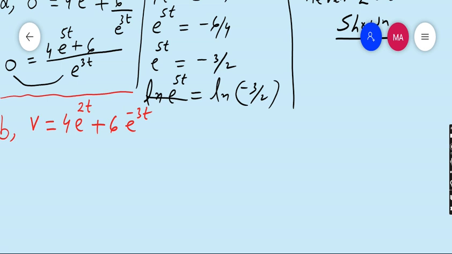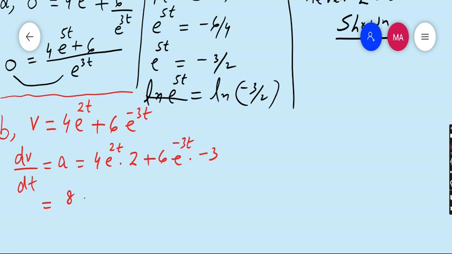So dv by dt, which equals a, acceleration. For 4e^(2t), the derivative is 4e^(2t), but multiply by the derivative of 2t, which is 2, plus 6e^(-3t), the derivative is e^(-3t), multiplied by the derivative of -3t, which is minus 3.